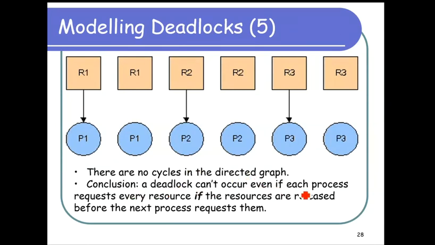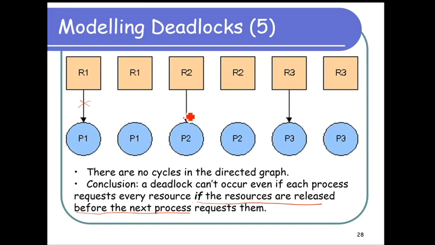Conclusion: deadlock does not occur even if each process requests every resource, if the resources are released before the next process requests them. The key sentence is: if the resources are released before the next process. R1 serves P1, and when it's done, it is deallocated and free.